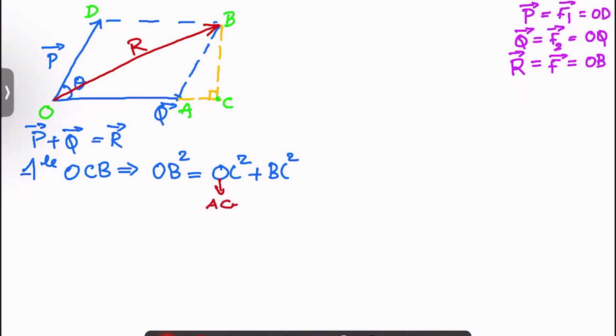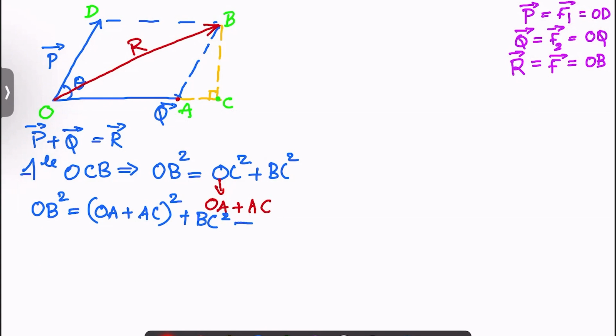OC can be written as OA plus AC, because it is joining at a common point A. Now, rewriting this, OB square equals OA plus AC the whole square plus BC square. Okay. Now, that can be treated as equation 1.